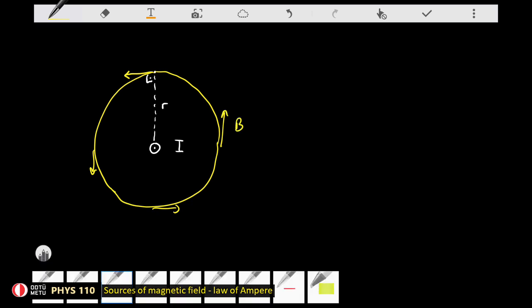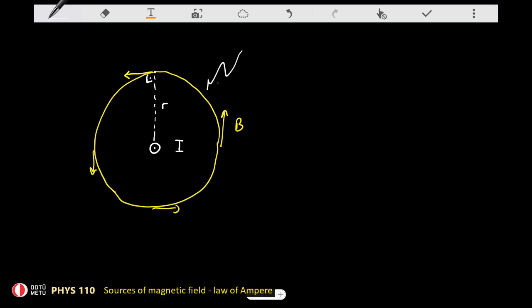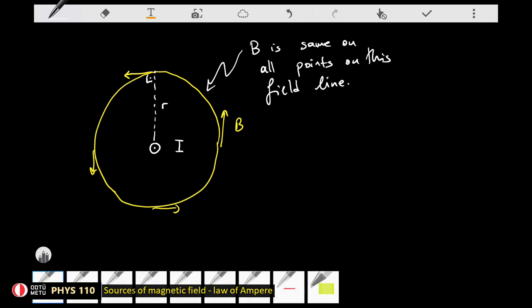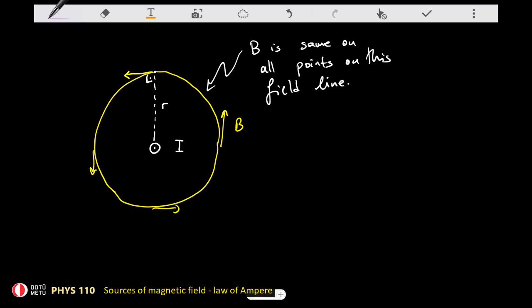Let's write this as a comment because that's important. B is the same. Again, not the direction. The vector is not the same at all points, but its magnitude is the same, on all points on this field line, which is a circle. Okay, so the trick is, of course, to choose the Amperian loop to be the same circle.